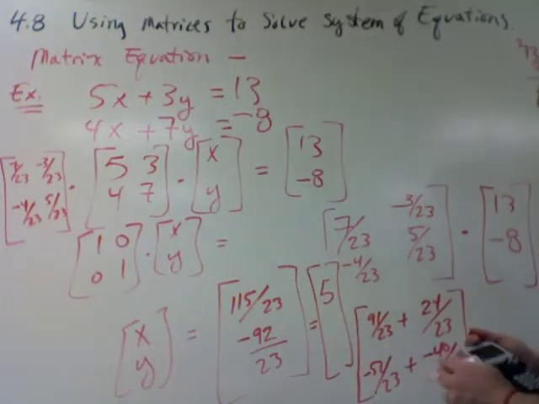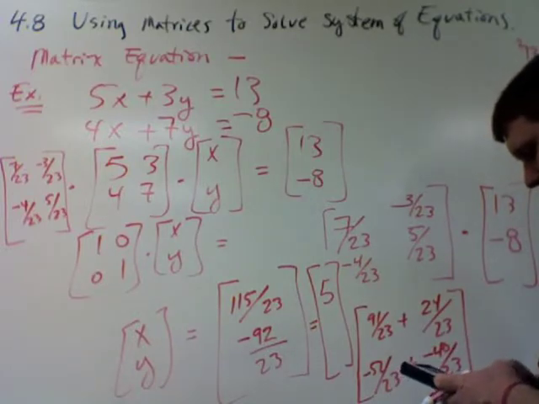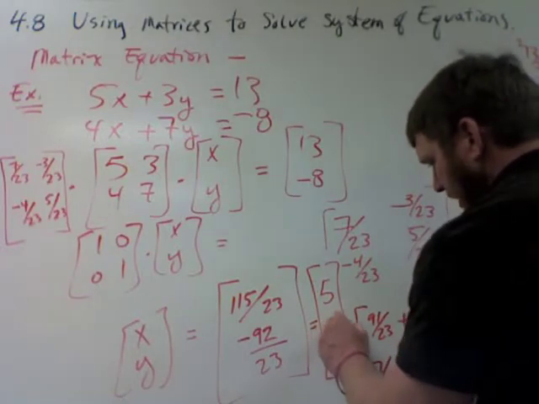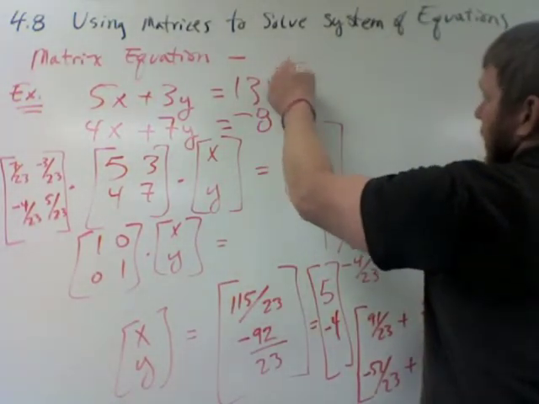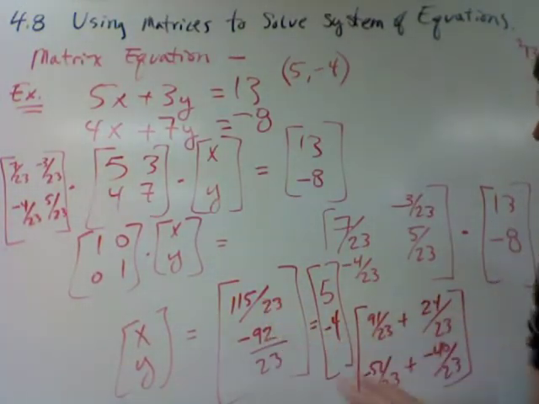This is 5, and then 92 divided by 23 is 4. This would be -4. So your answer to the system is 5, comma, -4. I just simplified the fraction there.